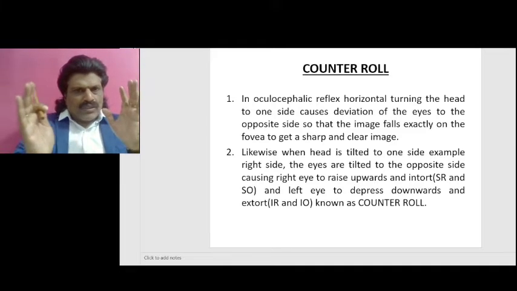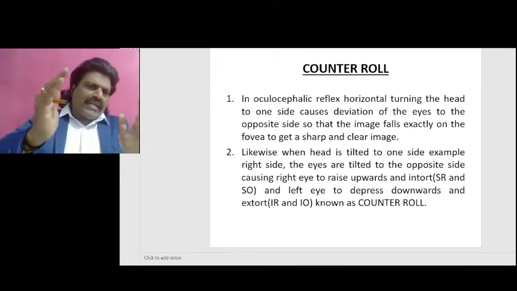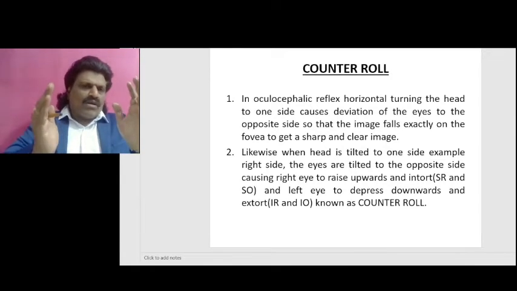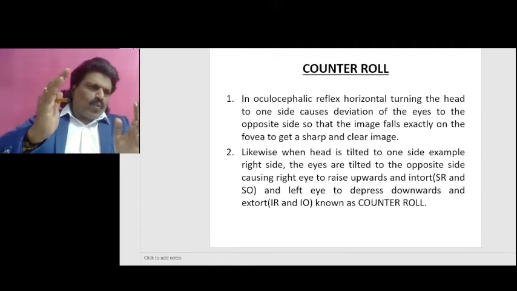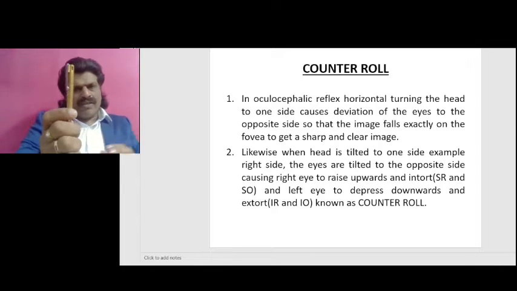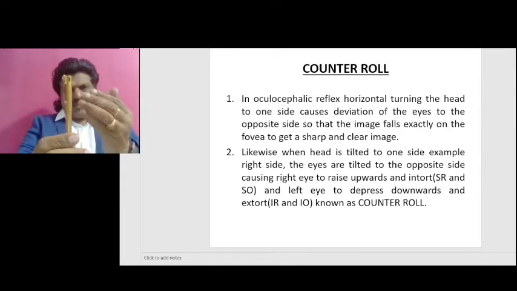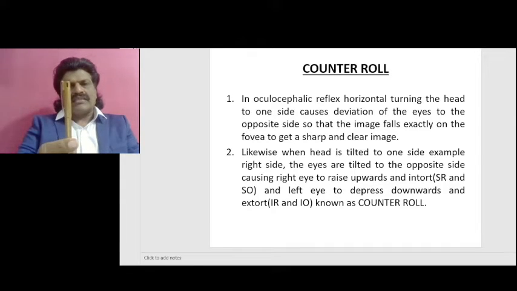So this is when you turn the head horizontally. But now let's see what happens when we turn the head in a tilting manner to one side. So when I tilt my head to one side, but still I need to look at the image. When I look at the image with head straight on, the image falls on the fovea, so it is clear.